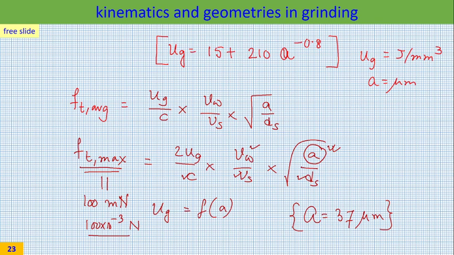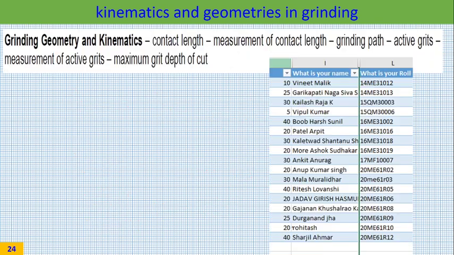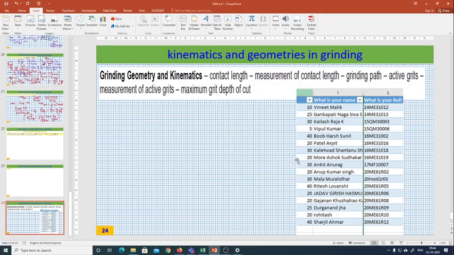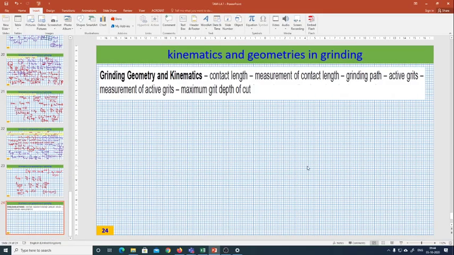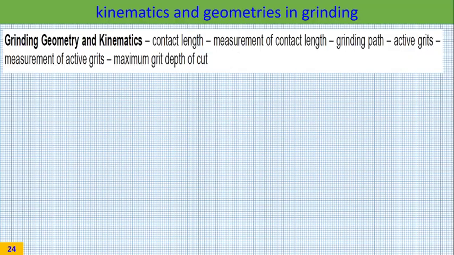Next module is, I have to check what is the next module. So let me get rid of this particular thing. This we have shown earlier. So what we have done: contact length, we know how to estimate, we know how to measure.